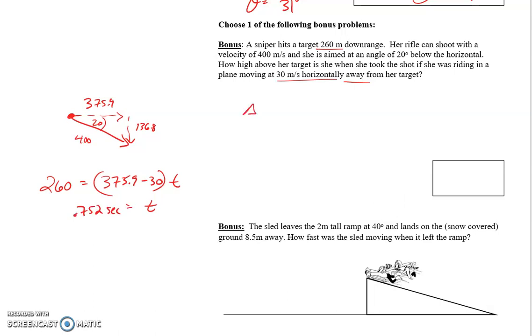Now you can find delta y using your VIY, which would be negative 136.8. A lot of people are missing the negative sign there because you're shooting down. Times 0.752 plus 1/2 negative 9.8 times 0.752 squared. So for that, you get negative 105 meters. So she's 105 meters above her target.